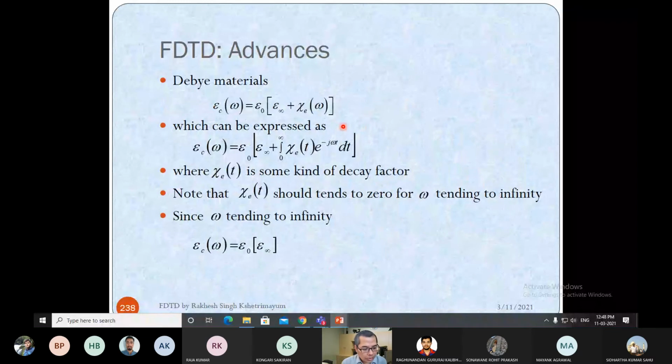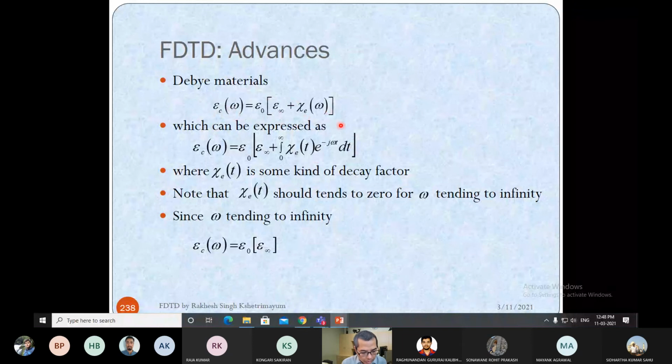Okay, so how we come up with different models for the material depends on what we're going to discuss now. What we have here is the relation epsilon c is equal to epsilon 0 epsilon infinity plus epsilon 0 into chi e at the frequency omega.